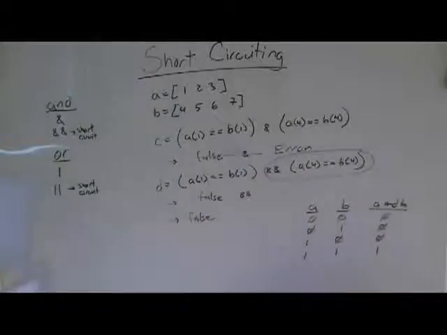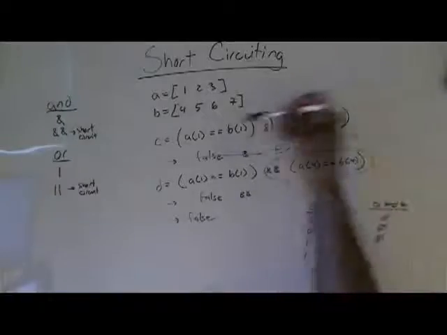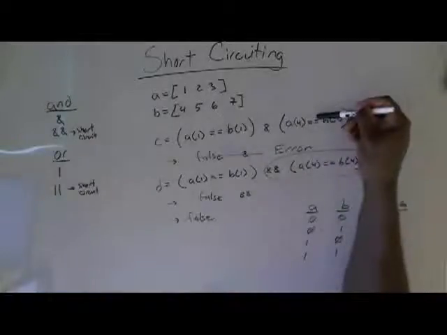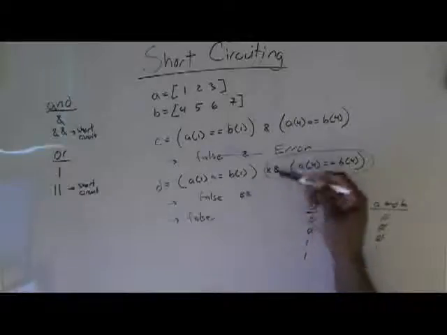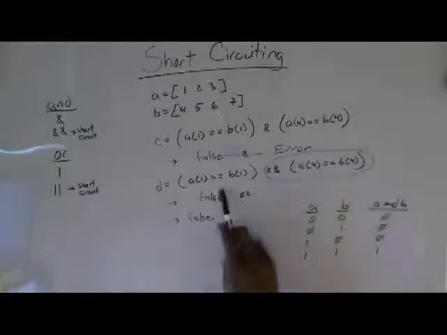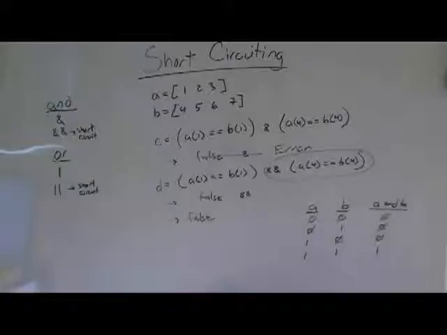So up here, you're going to get an error because both of these terms are going to be evaluated. Down here, the short circuit version with the double ampersand says, once I get a false, stop execution because I know the answer is false. Okay? So that's the concept behind short circuit.